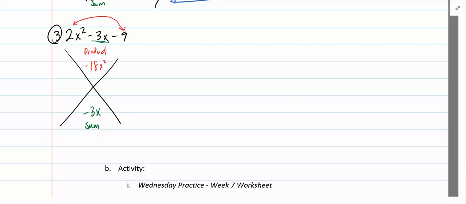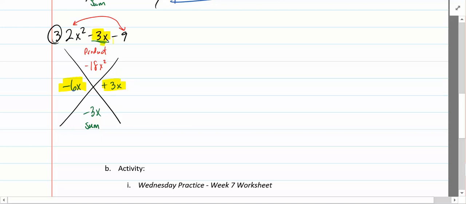And the two numbers that multiply together to equal negative 18x squared, but add together to make negative 3x, happen to be negative 6x and positive 3x. Using those two values, we will split this middle term into those two values and then factor by grouping.